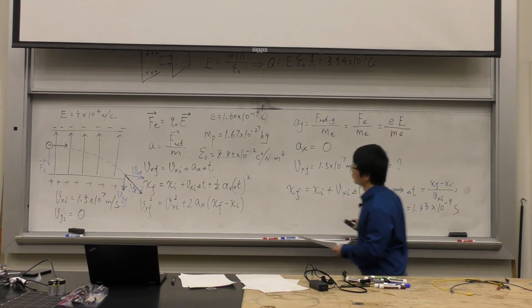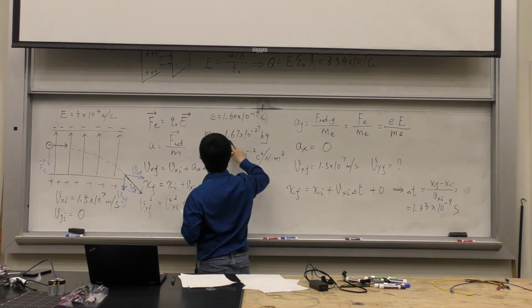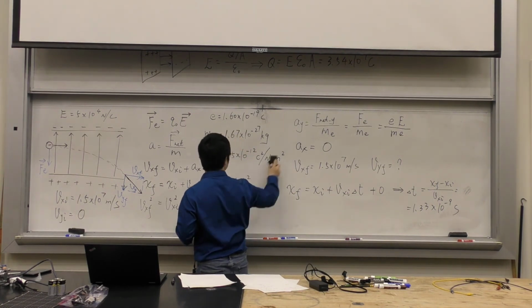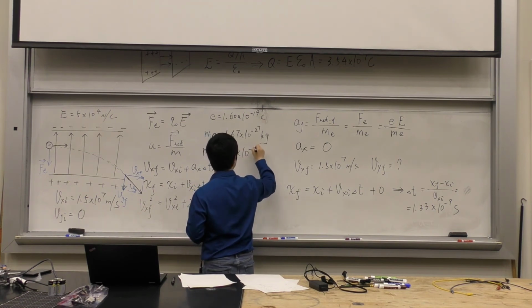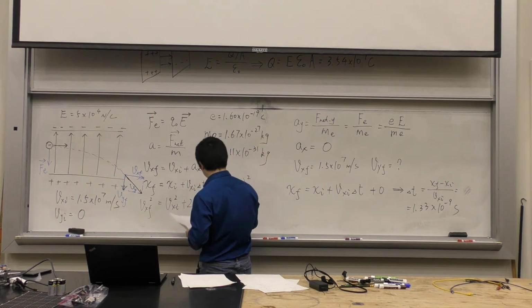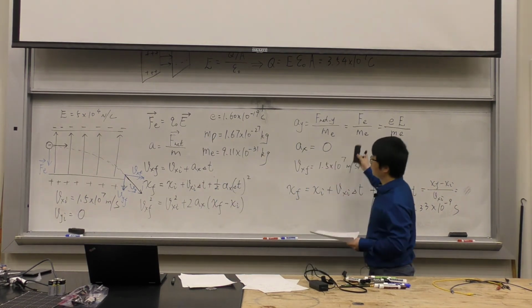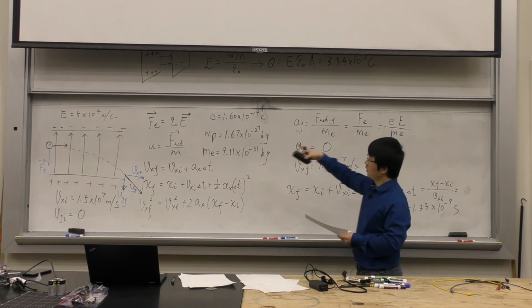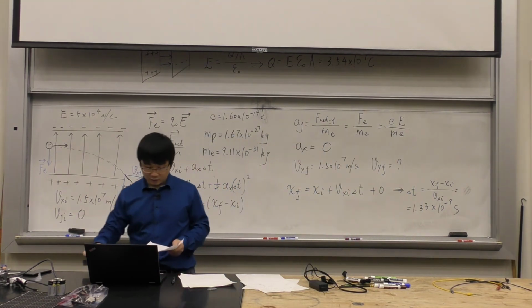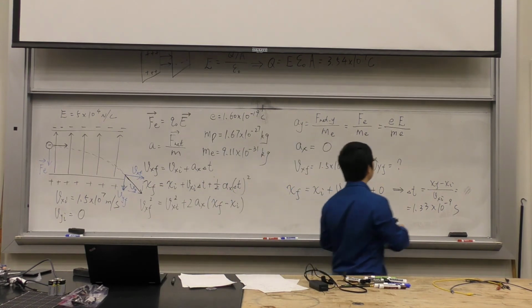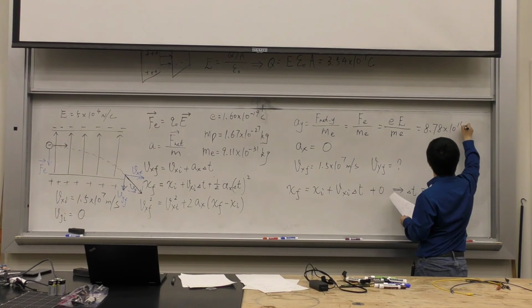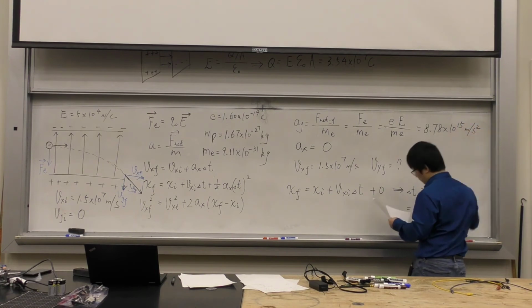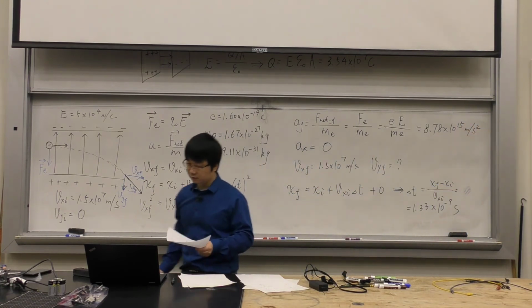The mass of the electron is also a constant. You plug in the charge of the electron, and the electric field is given. So the acceleration you can find, and this is going to be a very large acceleration.